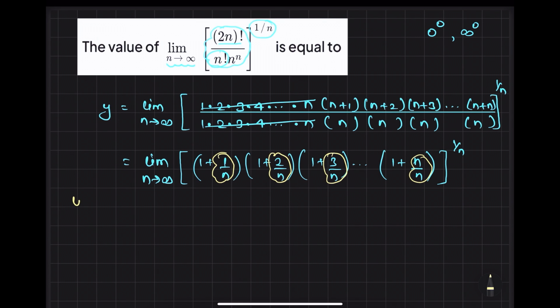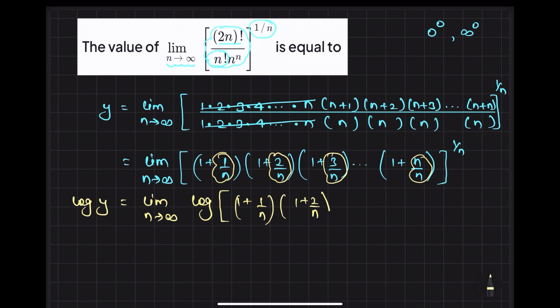So we will be left with log y is equal to limit n tends to infinity log of the same thing: 1 plus 1 by n, 1 plus 2 by n, and then 1 plus n by n.